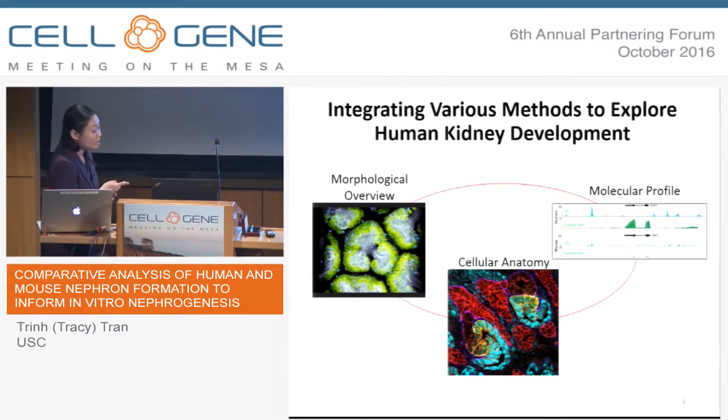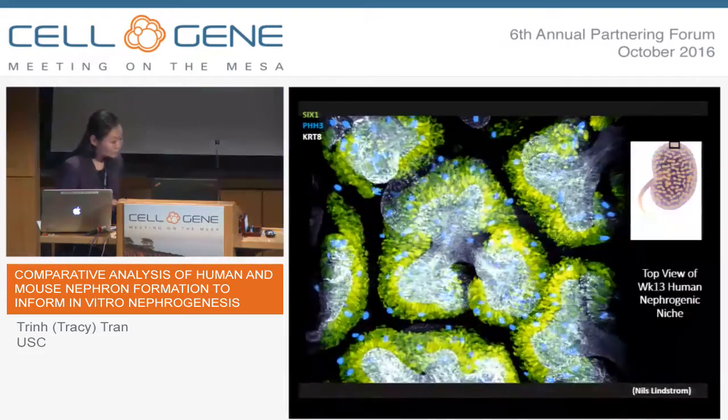With 2D images, we get a cellular anatomy view where we go into great detail about what is expressed in these cell types. And to understand human kidney development at the molecular level, we employ different sequencing technologies like RNA-seq, ChIP-seq, and ATAC-seq to create the profile of these cells at the molecular level.